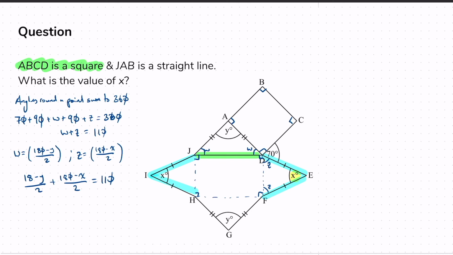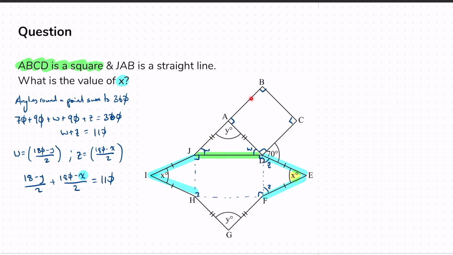Now, there is this other indicator as to what Y might be, because remember, we want the value just of X. We need one variable to do that, and if we look here, what we have is a straight line. How do I know that? Well, because this side is equal to this side, and this side's equal to this, so it must carry on straight down through there.